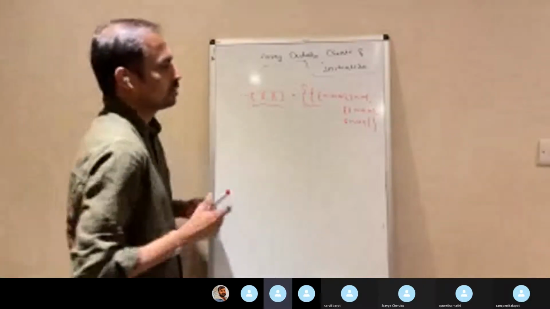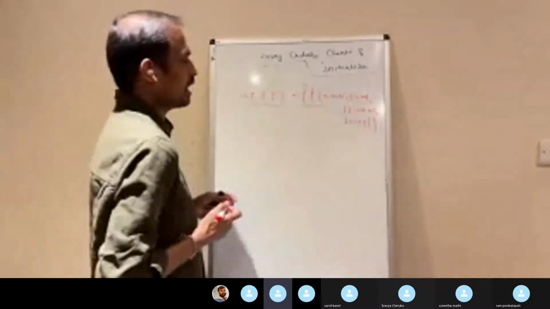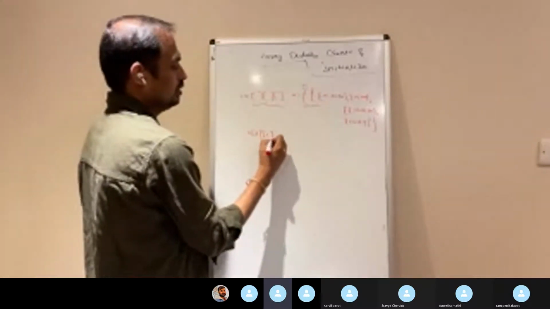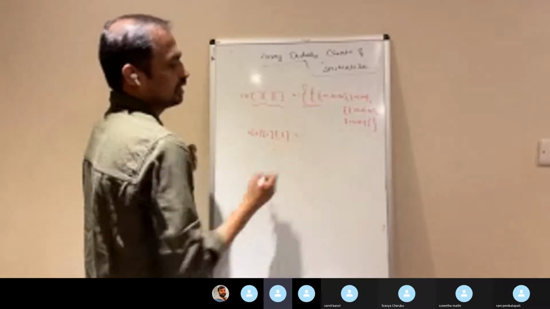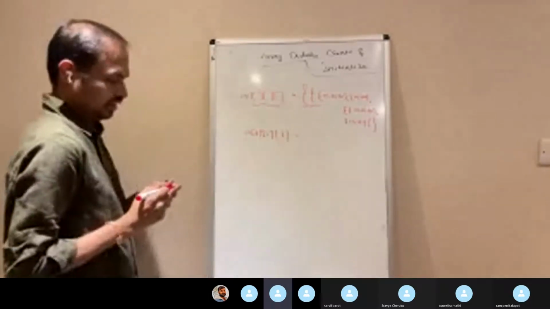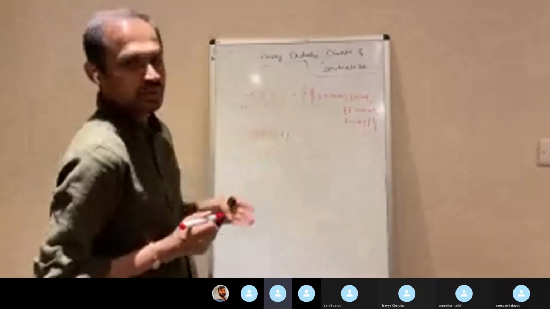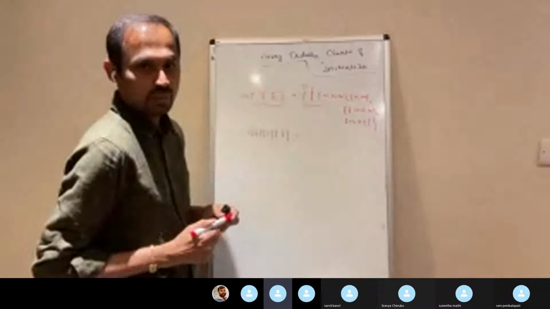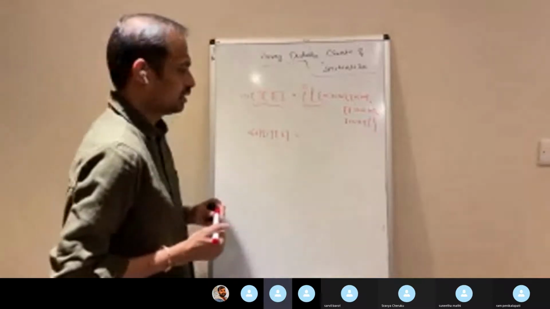Any doubt? If they give it like this and you ask for x of 0 of 0, x of 0 1 2, can you tell? It's very difficult to tell in this format. So this one we need to split into the memory allocation format.